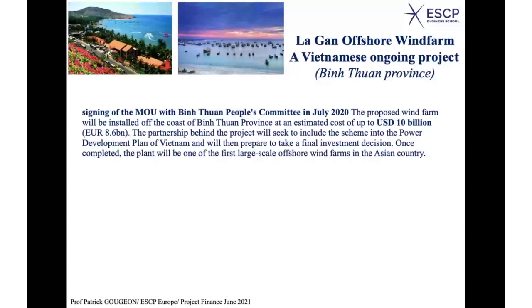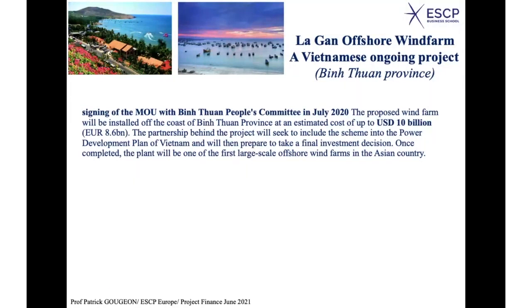It's part of the plan for Vietnam. You know, it's clear there to develop new type of power generation, and will then prepare to take final investment decision. Okay, so the first phase is to have a committee that looks at the project to make sure that the project will be well prepared and is feasible to take a final decision.